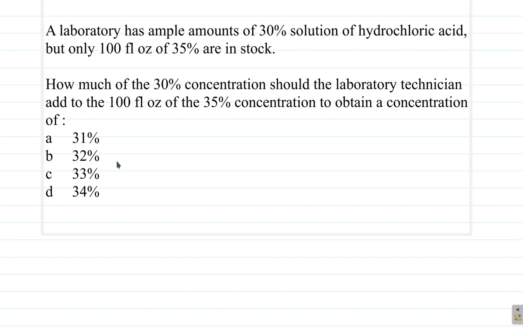How much of the 30% concentration should the laboratory technician add to the 100 fluid ounces of the 35% concentration to obtain a concentration of, in the first case, 31%, then 32%, 33%, then 34%?